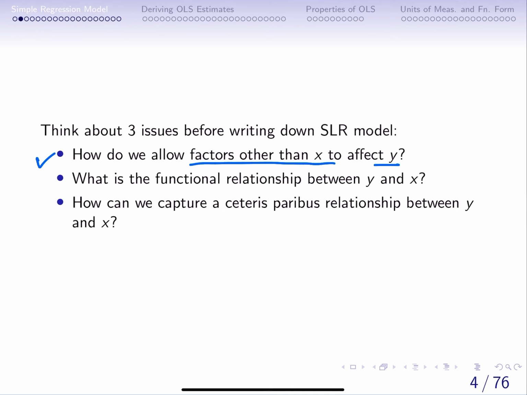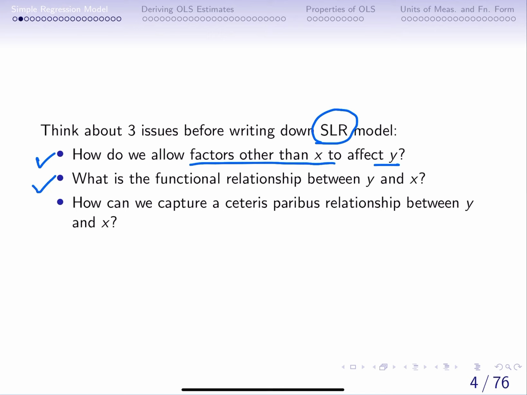Or it could be the level of income, or the age group, or it has something to do with how law is enforced in the area. There could be a bunch of police officers, but maybe there's a high degree of corruption in the area. So there are all these factors that could affect y. Now, in the simple linear regression model, while we are thinking about all of these other factors, we're not going to be putting them in the regression.